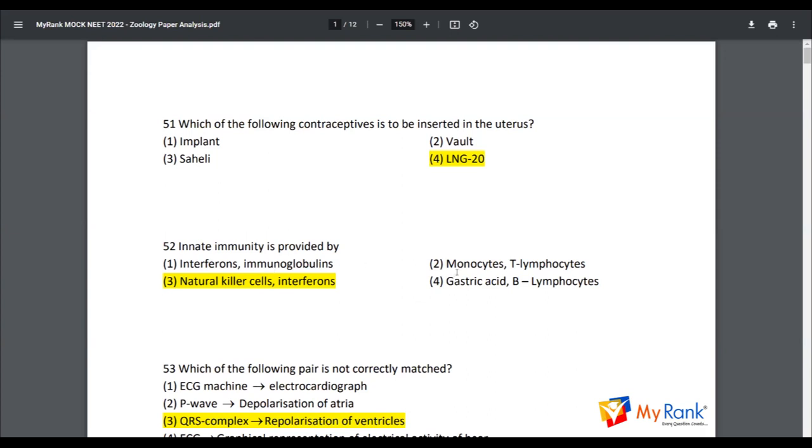Option 2, monocytes and T lymphocytes. Again, T lymphocytes are specific. Option 3, natural killers and interferons, they are non-specific. Option 4, gastric acid and B lymphocytes. B lymphocytes are again specific. So option 3, natural killer cells and interferons, is the correct answer for non-specific immunity or innate immunity.